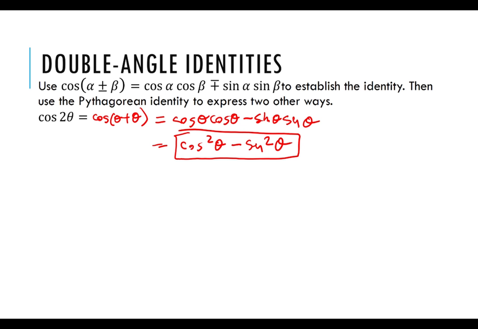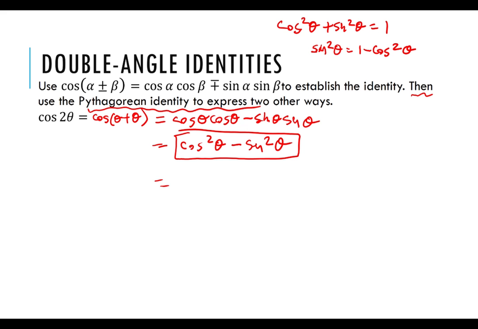But I claim that we're also going to use the Pythagorean identity to express it in two other ways. And so I remember that my Pythagorean identity is cosine squared theta plus sine squared theta is equal to 1. So I'm just going to solve for one and then solve for the other, and so that's going to give me that sine squared theta is equal to 1 minus cosine squared theta.